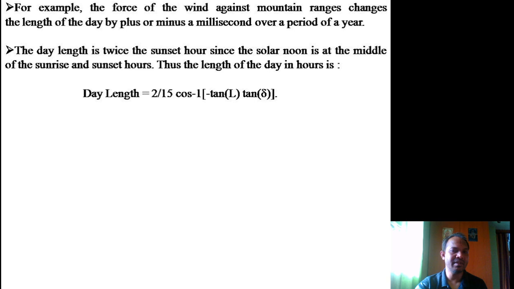L is nothing but latitude and delta is nothing but the declination angle. So 2 divided by 15 gives rise to the day length of any particular point or place on the earth. This is how the day length is calculated.